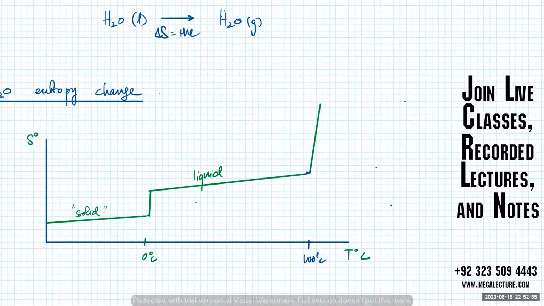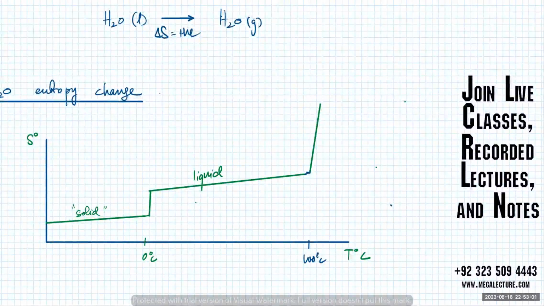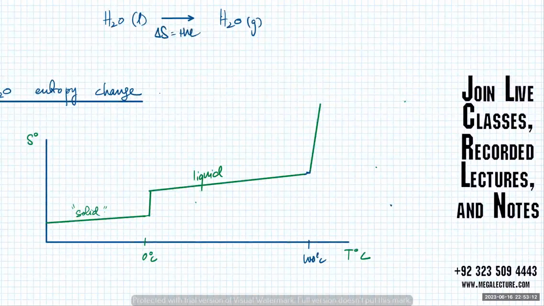A huge difference. So remember, gases don't really have the same disorder at different temperatures. Why? Because gases can expand and liquids don't expand. So liquid at 90, liquid at 10 kind of remains exactly the same. But gas at 10,000 degrees centigrade and gas at 110, it's going to be a huge difference.